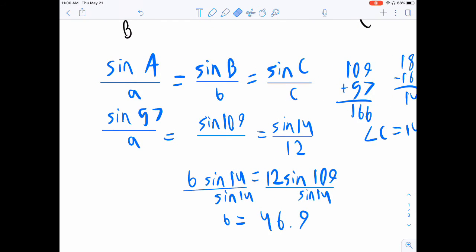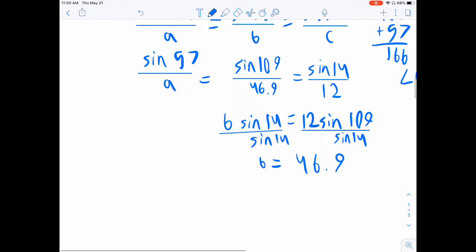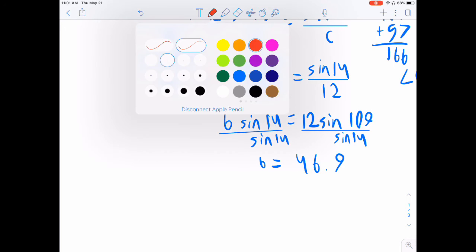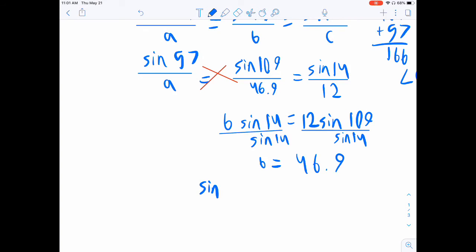So lastly, we have to solve for side A. So we would cross multiply, of course, and say that 46.9 sine 57 is equal to A sine 109. We have to divide both sides by sine 109.